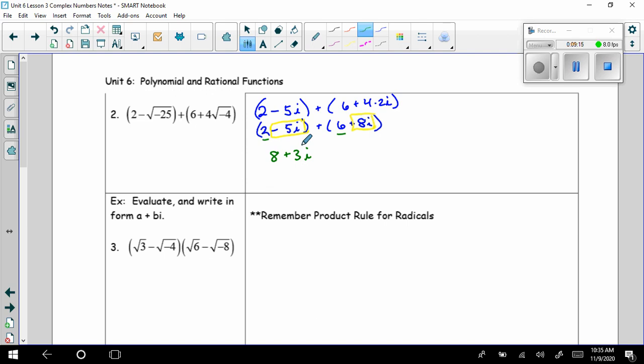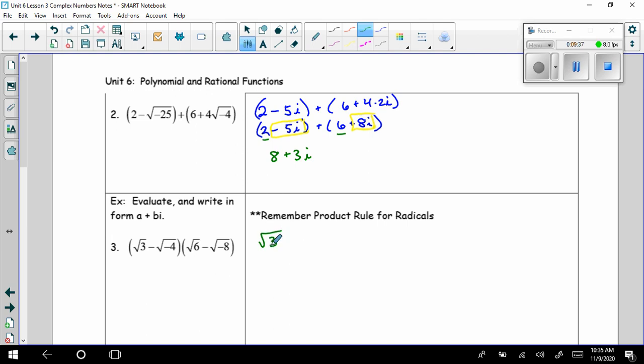So remember your product rule for your radicals as far as inside with inside, outside with outside. We're going to do the same thing here. But because of our negatives, if I do -4 times -8, that becomes a positive, and I've lost the fact that this is going to be a complex number. So you have to simplify this first.